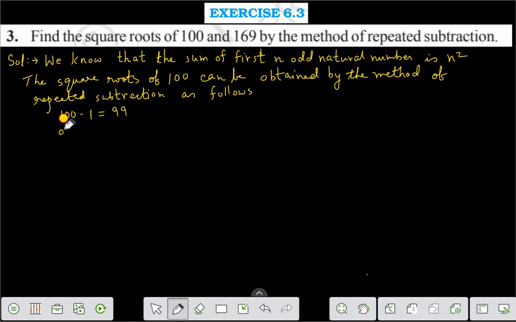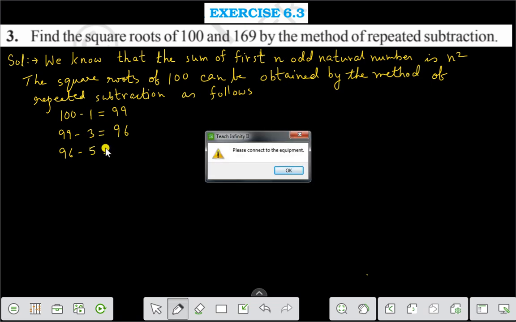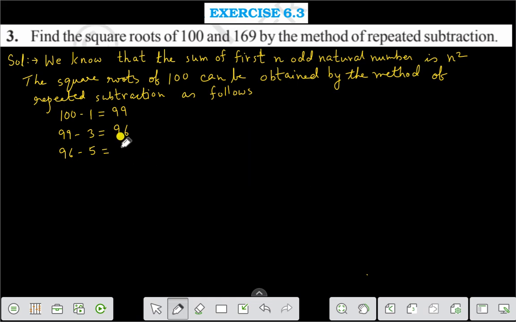Next one is 99 minus 3, that is equal to 96. 96 minus 5, that is equal to 91. 91 minus 7, that is 84.